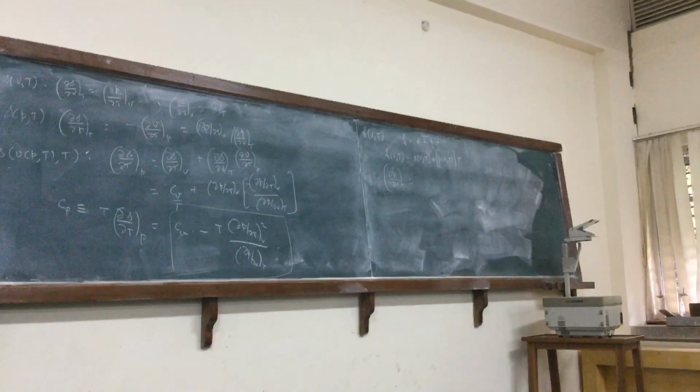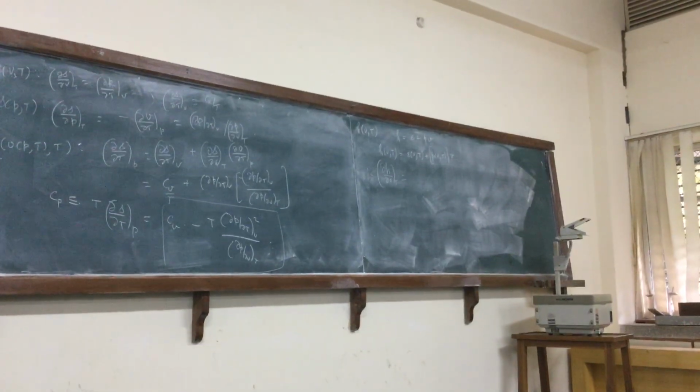Can you write what is dH by dV? Just differentiate that with respect to volume, term by term.